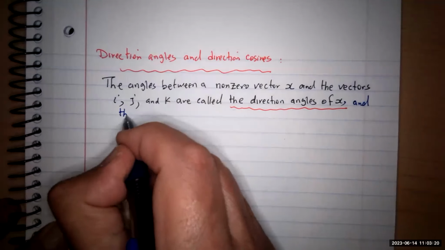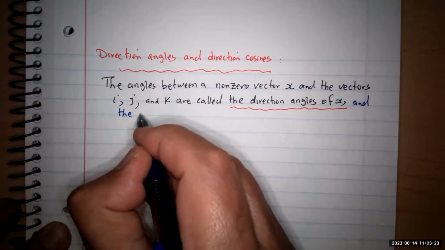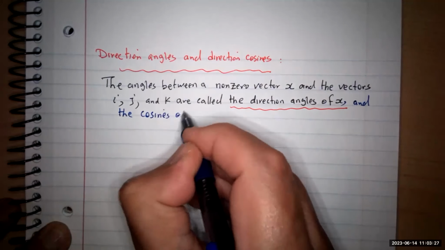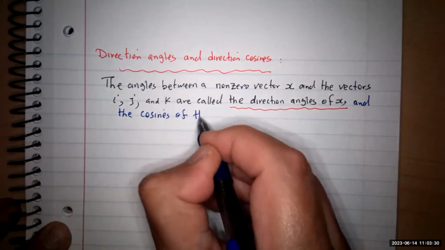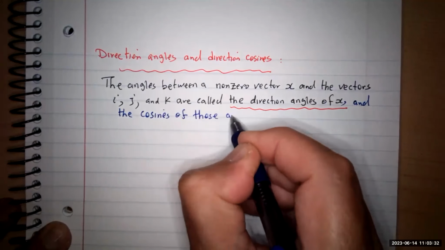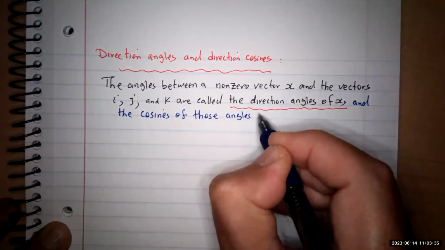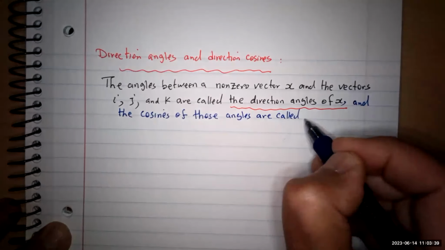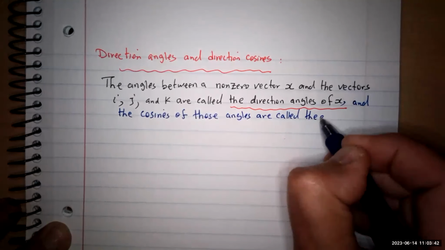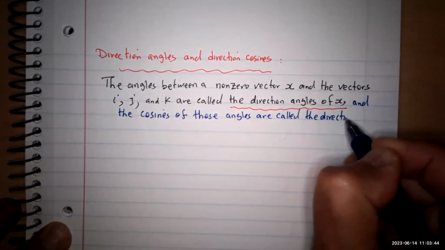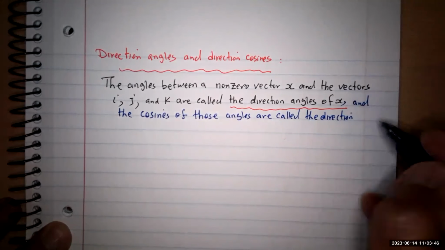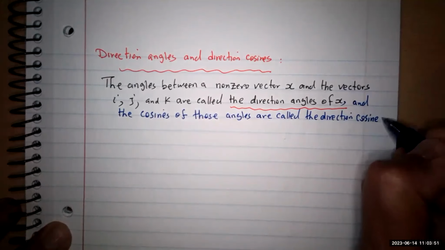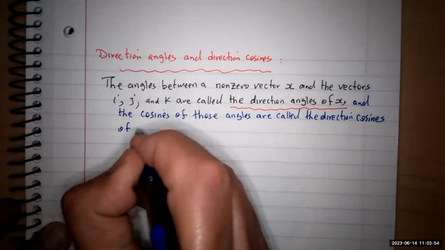The cosines of those angles are called the direction cosines of x.